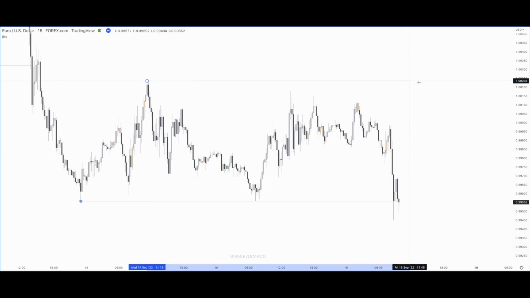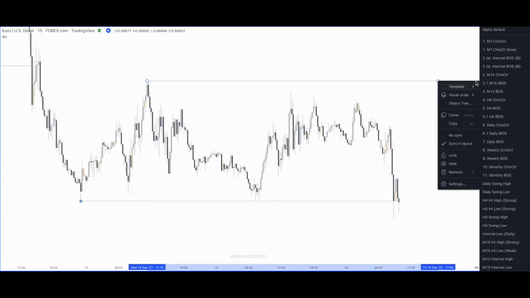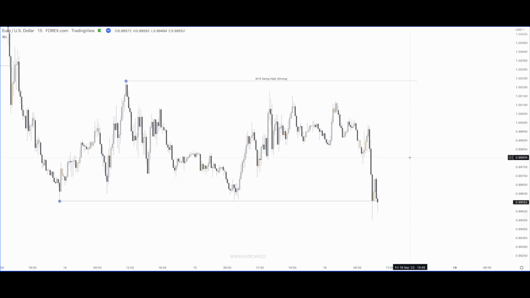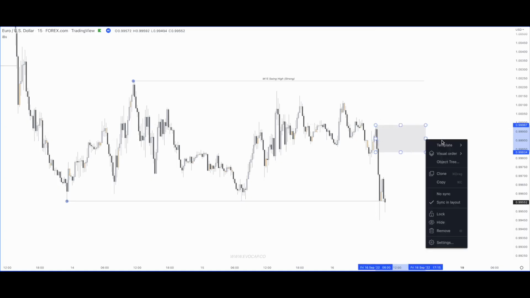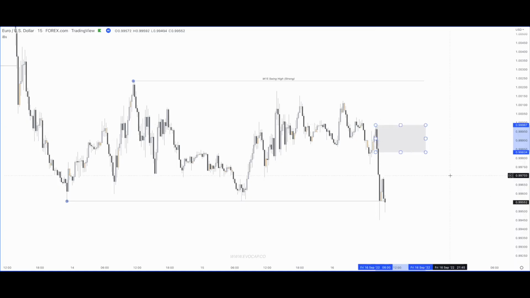So if I just mark this as our strong M15 swing high, okay, we don't know where our swing low is at the moment because of course we need to wait for structure to develop. So just looking at the M15 time frame alone, you could potentially look for some shorts from this whole supply range, if you wanted to.